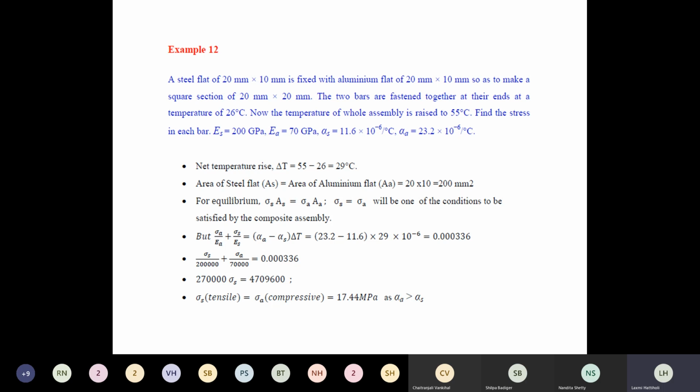This formula we have derived in the procedure: sigma A by EA plus sigma S by ES is equal to alpha A minus alpha S into delta T. In the previous slide we discussed this; instead of 1 and 2, I have taken A and S. That's the only difference. So now simply substitute the values.